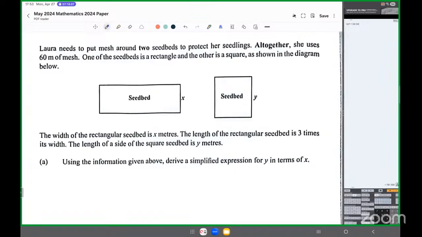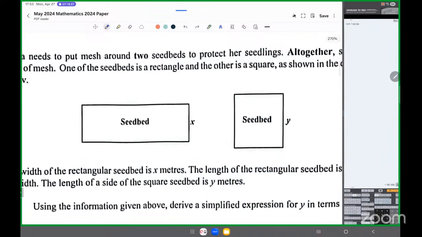The width of the rectangular seedbed is X. The length is 3 times the width, so it's 3X. Over here it's X as well, and under here it's also 3X. Because the other is a square, each side is Y.